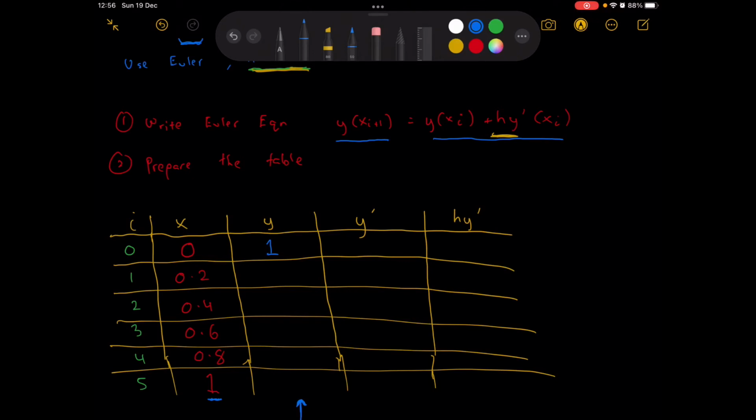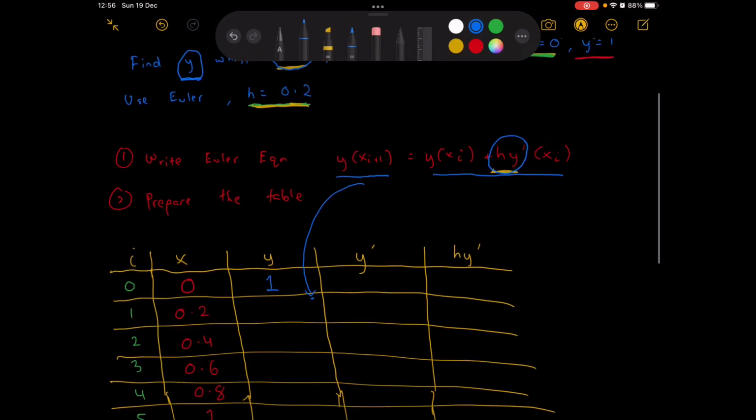To find the value here, we just use this equation. But in order to use this equation, we need to know the value of hy prime. So first, before we find hy prime, we need to know what y prime is.